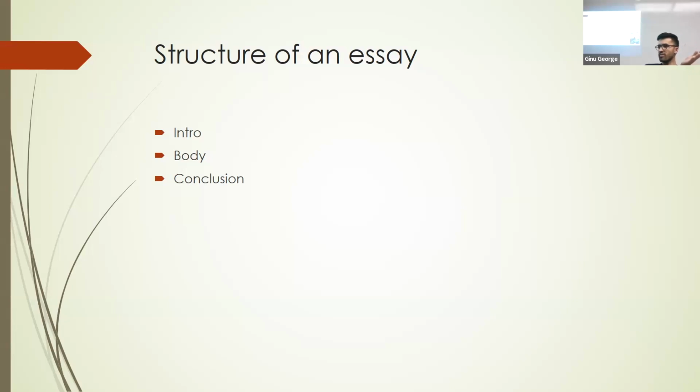And this body paragraph is basically the main thing you're trying to say about the topic, right? It could be a description, it could be these facts, it could be the narrative, it could be the compare and the contrast, right? But it's the main part of the essay that you put there. Okay?